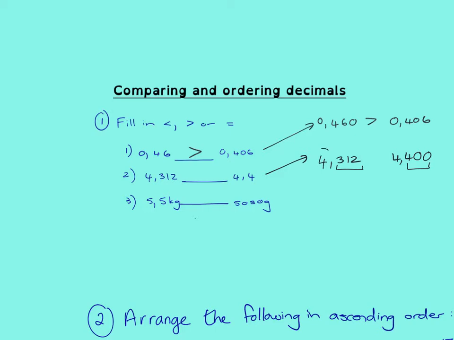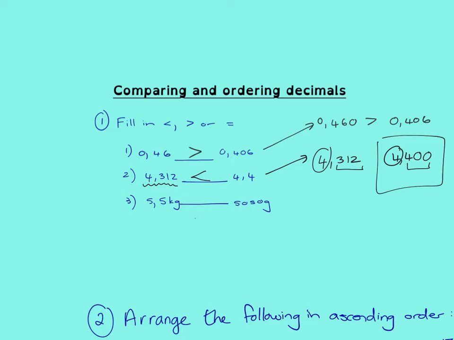And the reason I'm only looking at decimals is because that unit is the same. So 312 versus 400. 400 is definitely bigger. So 4.312 is less than 4.4.